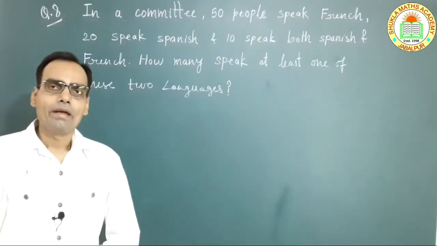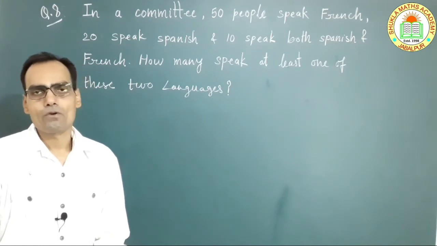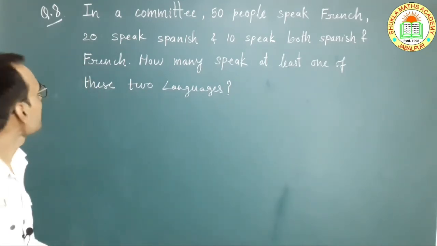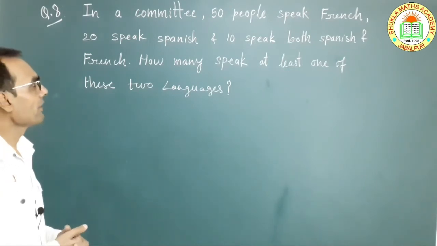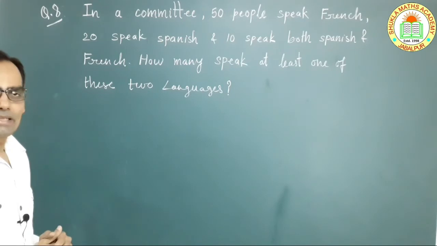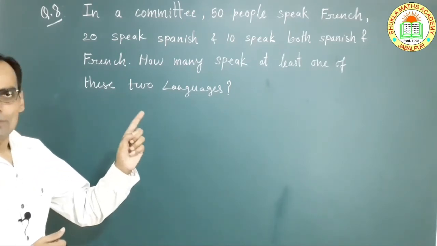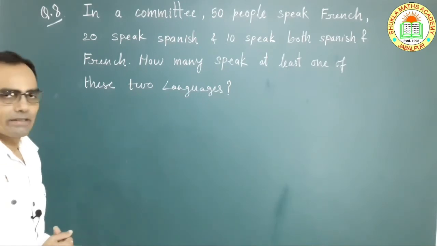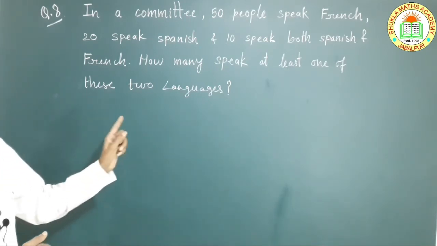And now the next and last question, I am taking question number 8 of exercise 1.6. The question is that in a community, 50 pupils speak French, 20 speak Spanish, and 10 speak both Spanish and French. So how many speak at least one of these two languages?